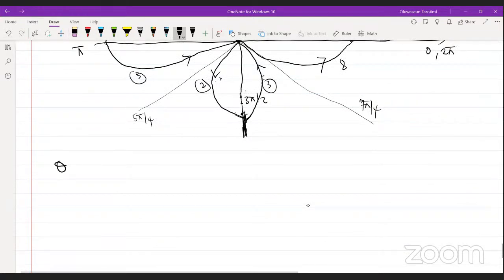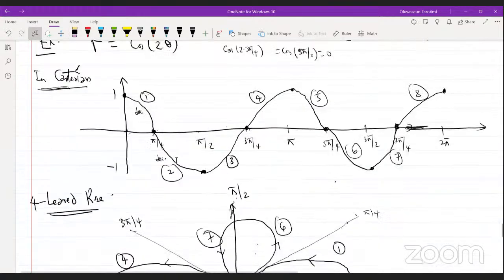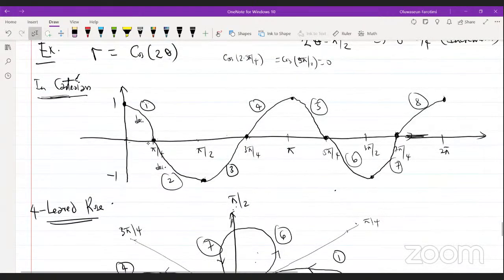So theta actually increases from 0 to pi over 4, right? Oh, let's see. Okay, I think we missed that.